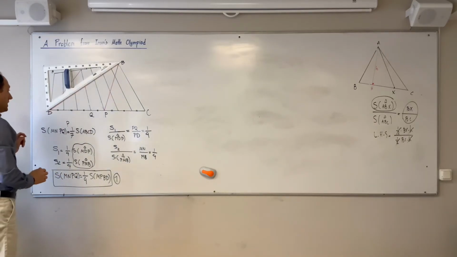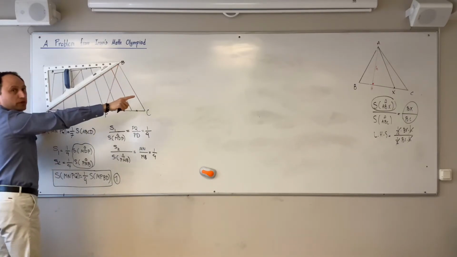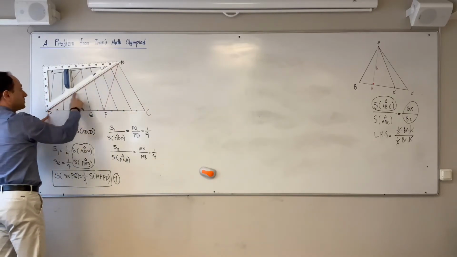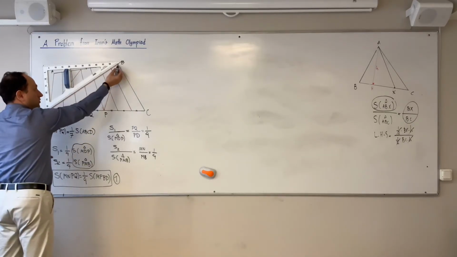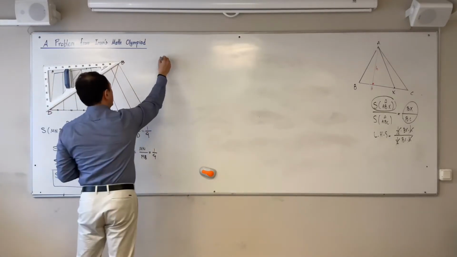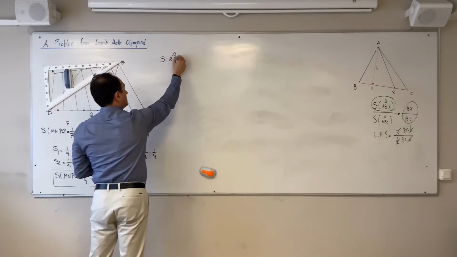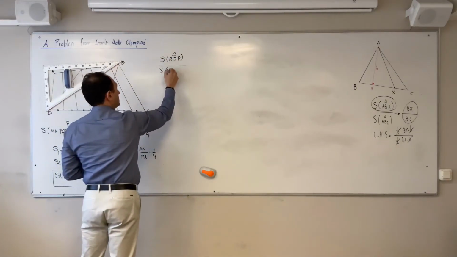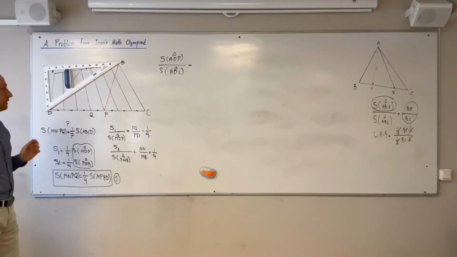So what is the ratio of the area of this? You see that the problem repeats itself here. Concentrate on this bigger triangle and this smaller triangle. Both of them share the same height. I don't want to draw the height, but the height is here. So the surface area of BDP to the surface area of BDC is again equal to the ratio of the corresponding bases.